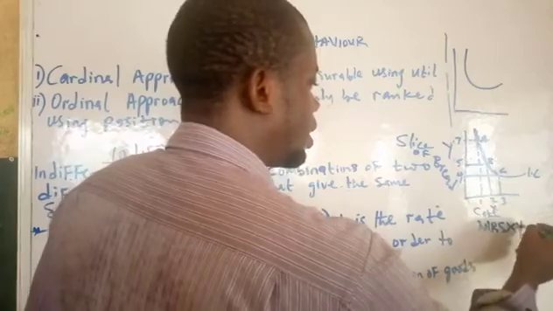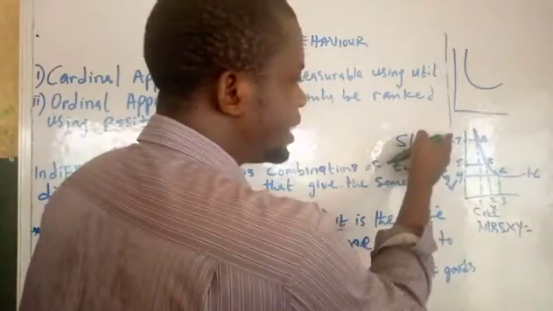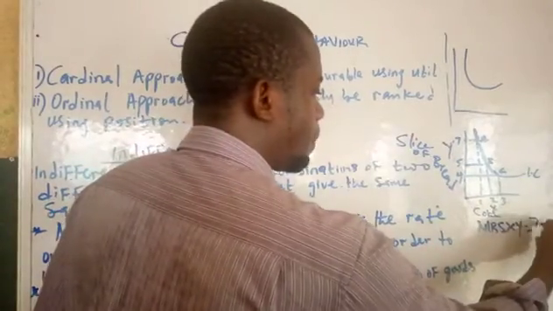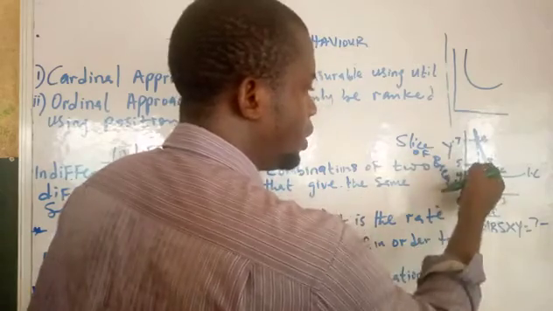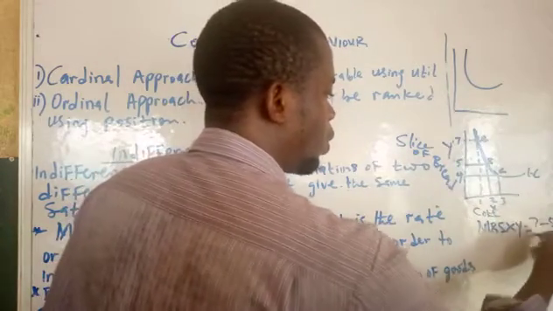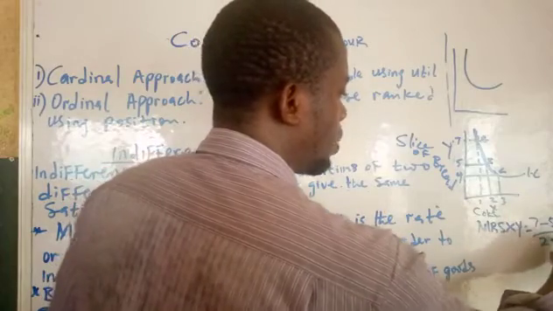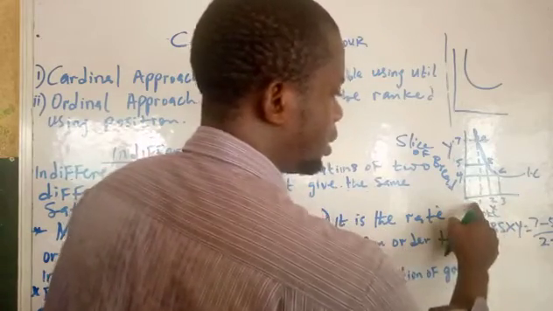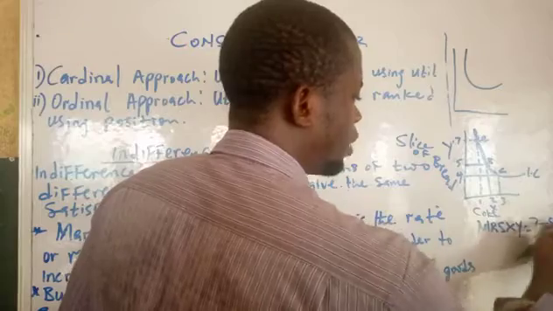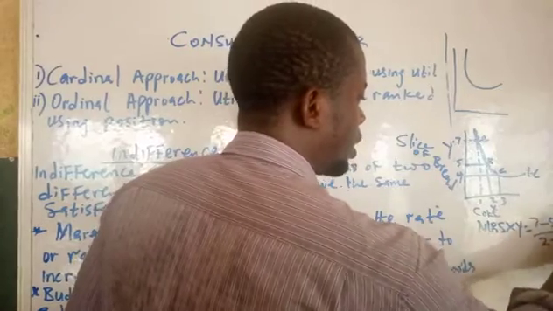MRXY equals 7 minus 5 over 2 minus 1. You see it? So you'll be having 7 minus 5, 2 over, okay, if you cannot see, let me redo it here.